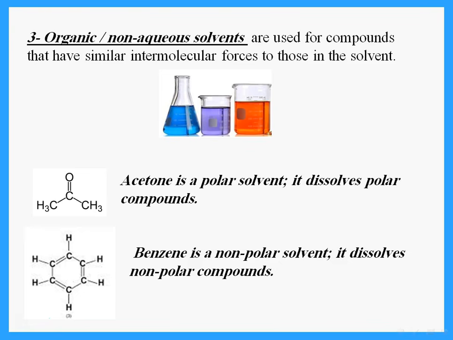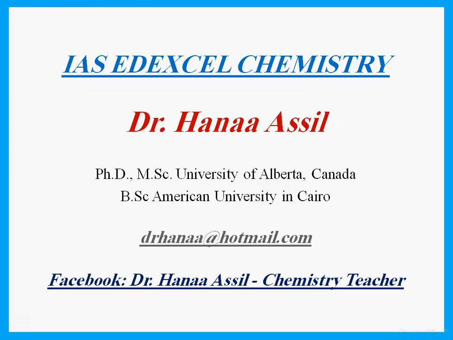It will dissolve compounds that are polar. But if the compound is non-polar, then we can use something that is also non-polar, like benzene. So benzene is a non-polar solvent. It will dissolve non-polar compounds. So compounds are dissolved in solvents that have similar intermolecular forces.